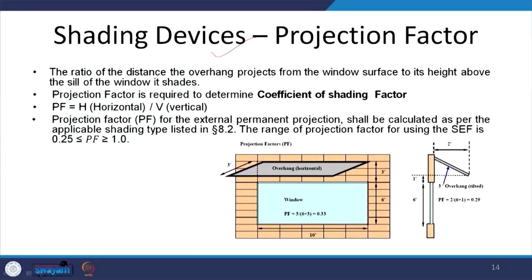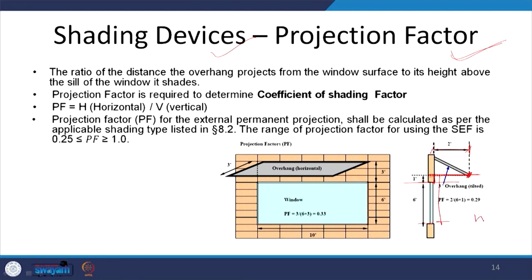Next, in continuation of the fenestration, we are talking about the shading devices. We have very quickly in passing discussed the projection factor, which is PF. When we are talking about projection factor, we are taking the shading which is offered by the projection. In this case the horizontal projection is 2 feet, and the height of the window is this height, where effectively at the point at which the projection has been installed, that bottommost point, we calculate the total height.